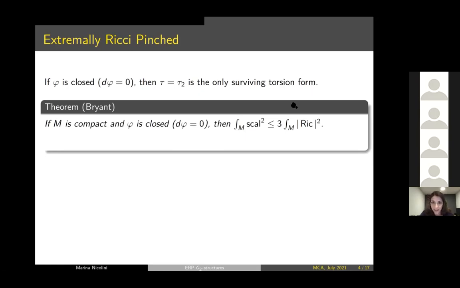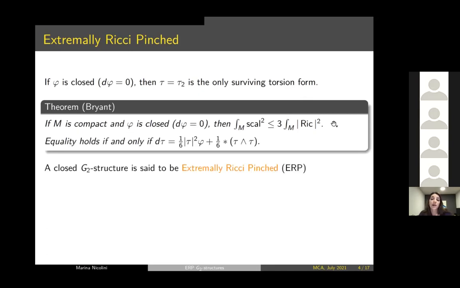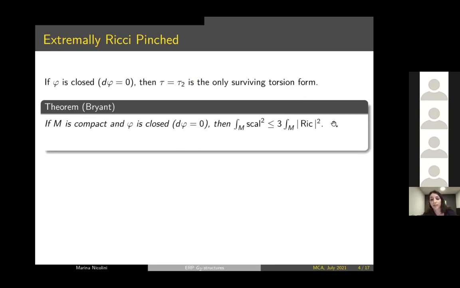Note that here there is a 3. We know this inequality with a 7 instead of 3 by Cauchy-Schwarz, and Bryant proved it for the number 3. He named this inequality the Ricci pinching estimate, and he proved that equality holds if and only if the differential of the torsion depends quadratically on the torsion in this way.